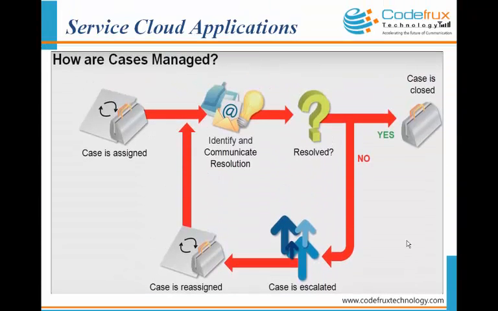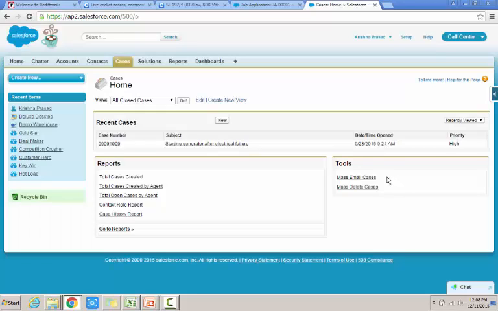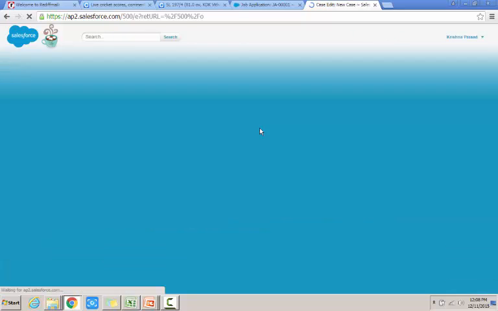So what happens when you create a case? Before getting into this cycle of case creation and how it is managed, we will go into the application to see how you can create a case. In my example, the representative logs in to the system, clicks on Cases and clicks on the New button to create a new case.